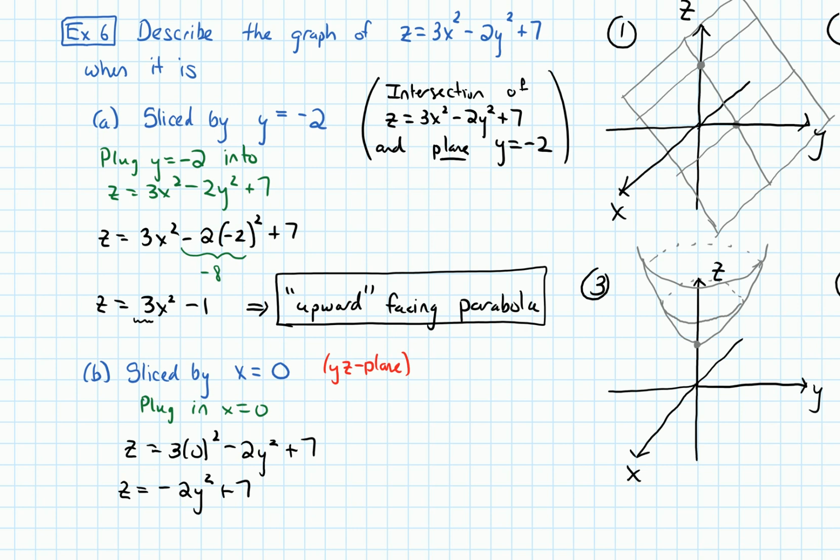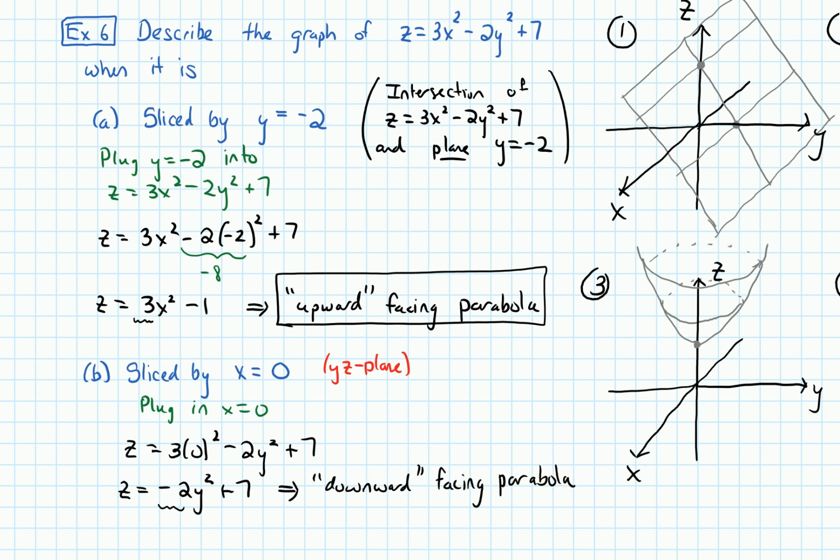Because once I've plugged in a value for one of the variables, like x equals 0, now this intersection, or this slice, is now a two-dimensional shape. So this is a parabola, but because that leading coefficient is negative this time, it is a downward-facing parabola.